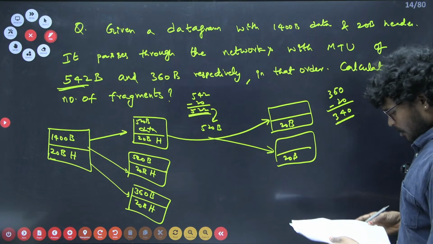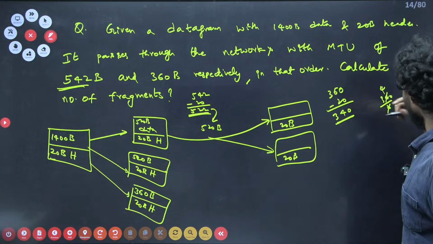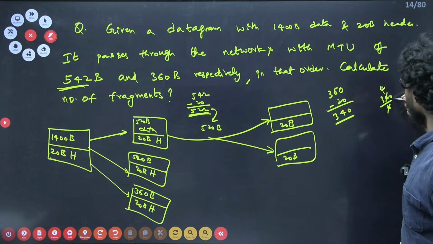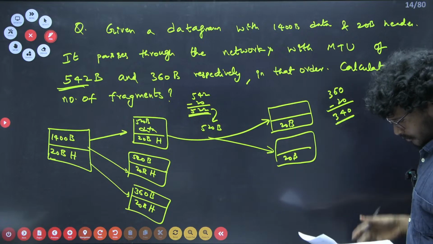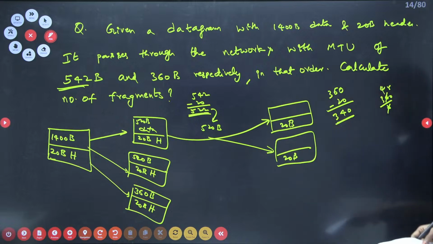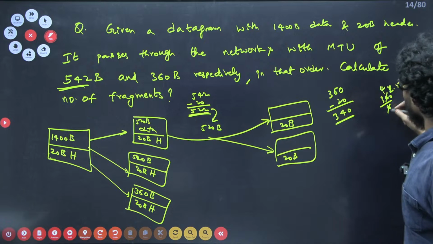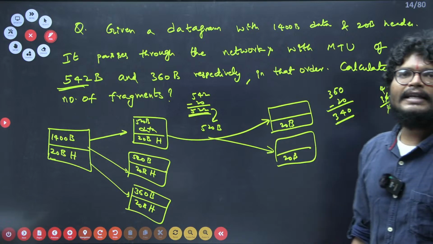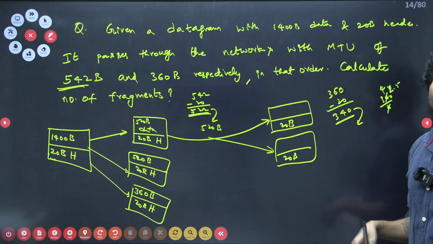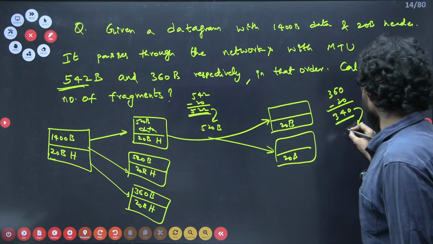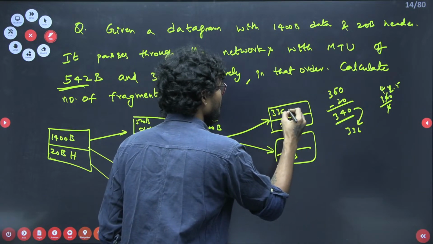So let us check that, divide by 8. So we see that 340 is not an integral multiple of 8. Therefore, we go for the next smaller integral multiple of 8, that is 336. So in each packet you can store up to 336 bytes of data.